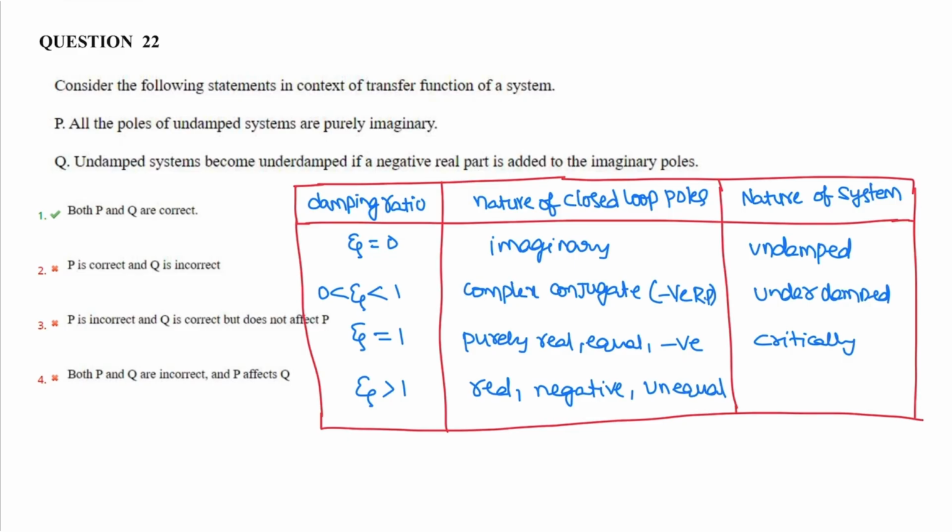The system is overdamped. All poles of an underdamped system are purely imaginary. Correct? Undamped system becomes underdamped if a negative real part is added to the imaginary poles. Undamped system poles are purely imaginary, and an undamped system will become underdamped if a negative real part is added. Both statements are correct. Correct option is 1.